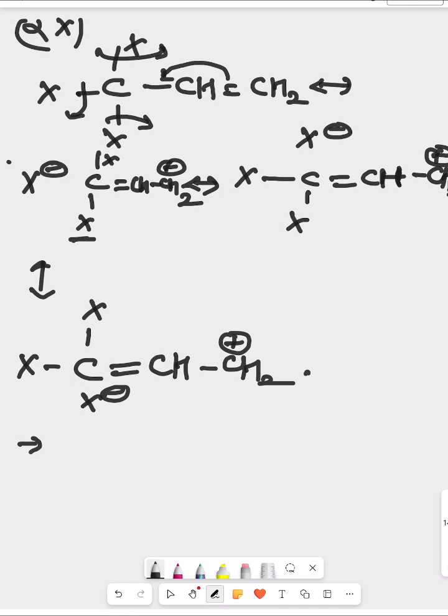In reverse hyperconjugation, electrons delocalize from CH3 to the alpha carbon.